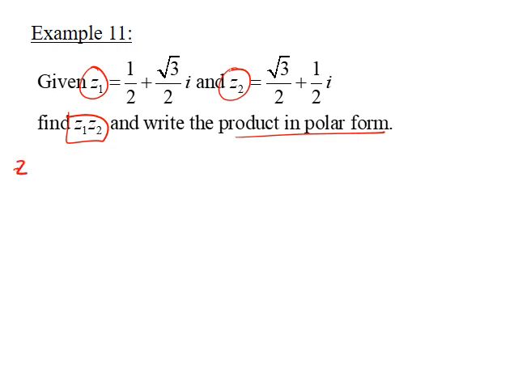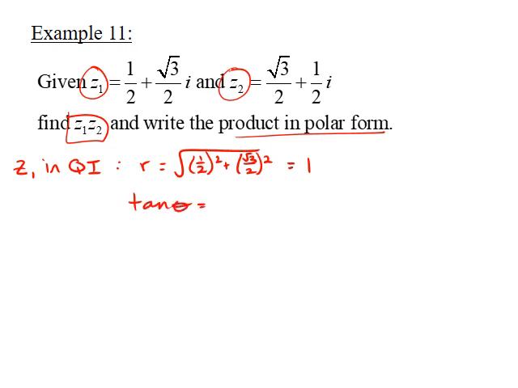So let's start with Z1. Z1 I know is in quadrant 1 because both values are positive. That's helpful to know. So R is equal to the square root of (1/2) squared plus (root 3 over 2) squared, and this becomes 1. Then tangent of theta is equal to, in this case, the square root of 3 divided by 2 divided by 1/2.